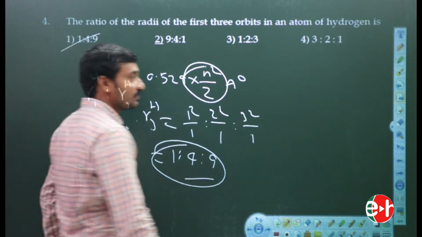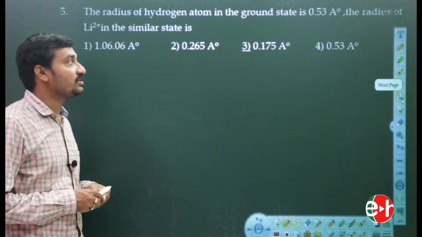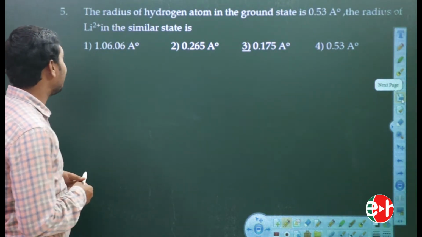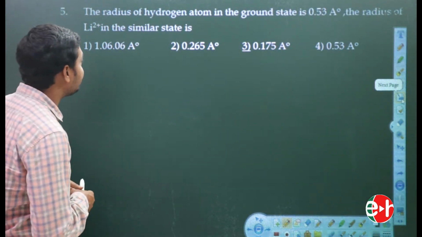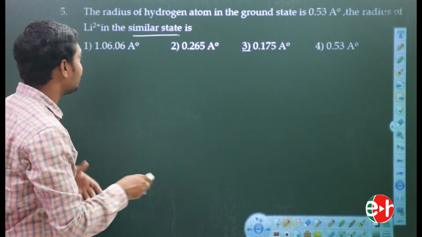Next one. The radius of hydrogen atom in the ground state is 0.53 angstrom units. We need the radius of Li2 plus in the similar state, meaning the same ground state.